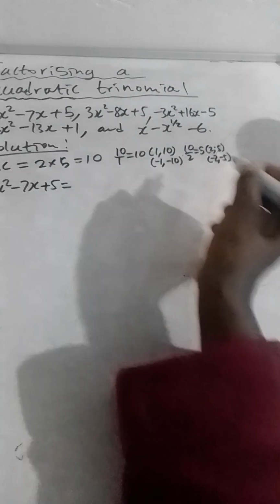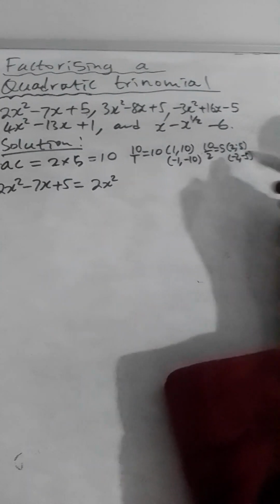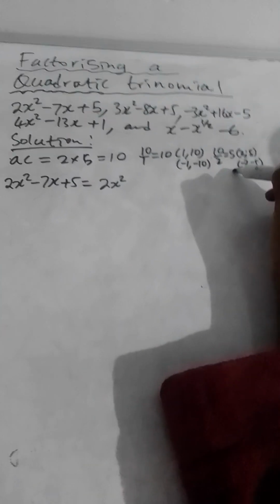So now that means that we're going to have what? 2x squared minus 7x plus 5 is equal to 2x squared. The minus 7, we need to check which factors give us minus 7. So I forgot to do that. Remember, we found factors of AC that give us B. So AC is 10, and factors of 10 that give us negative 7, which is B, are negative 2 and negative 5.